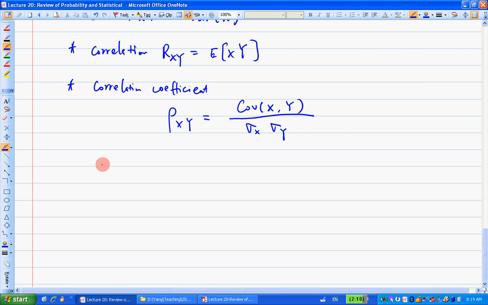If X and Y are independent, as you can see, rho_XY must be equal to 0.